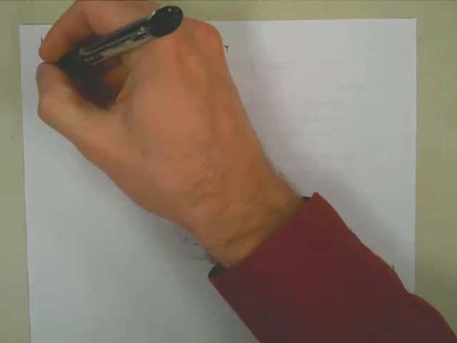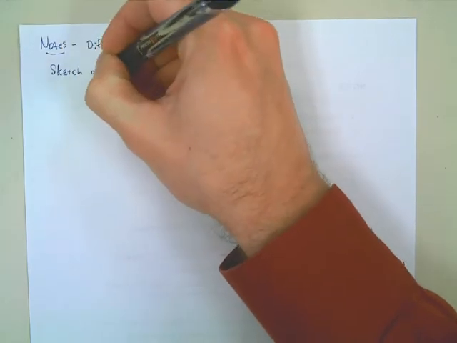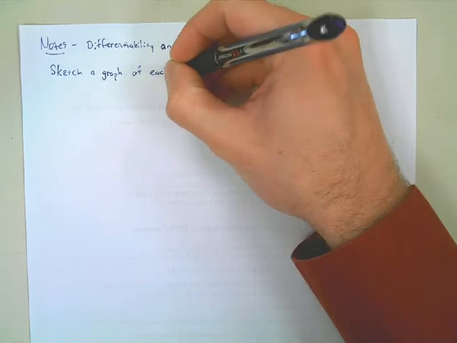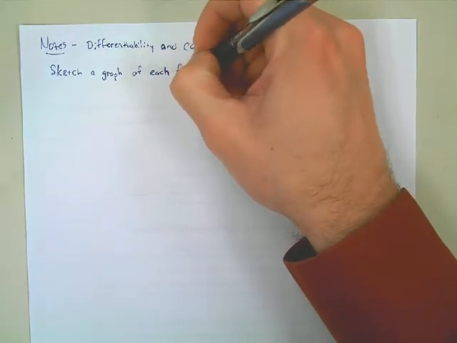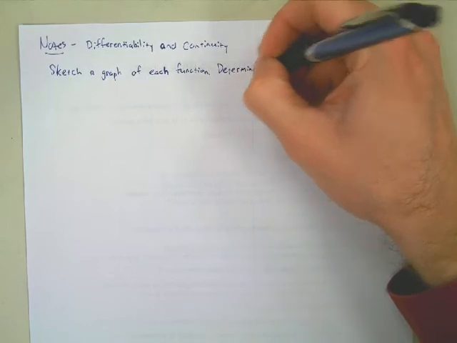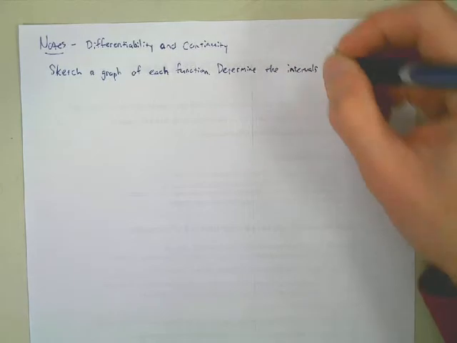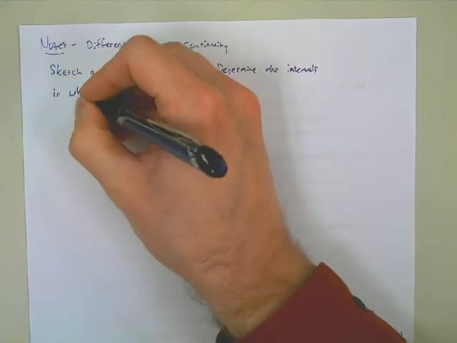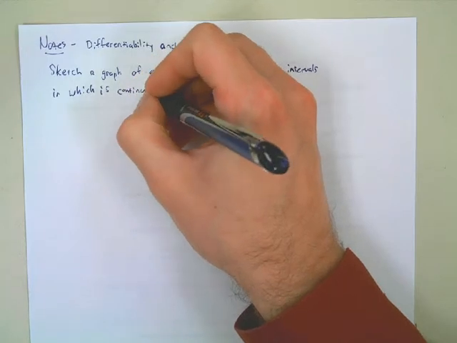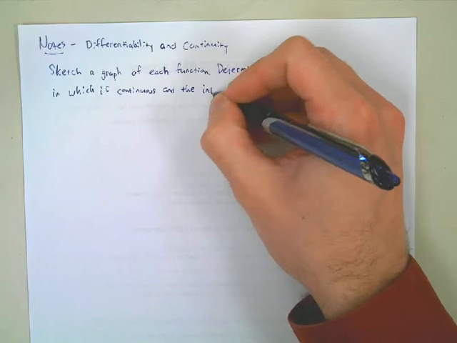So what we're going to do here is sketch a graph of each function. We're going to do two. We're going to determine the intervals in which the function is continuous and the intervals in which the function is differentiable.